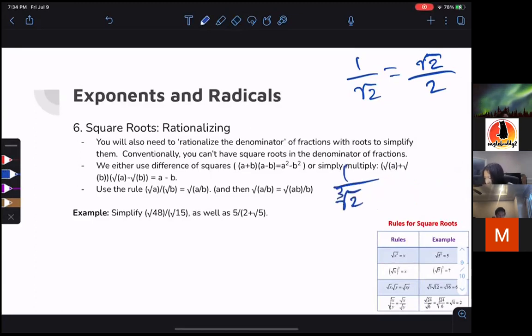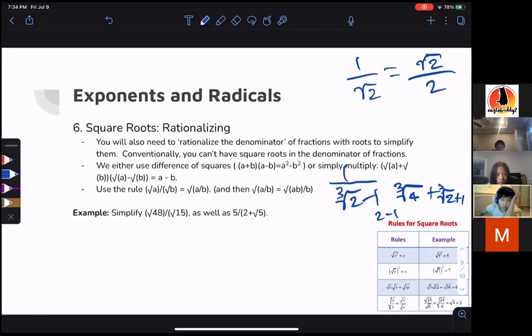All right. You can also, if you have something like, let's say 1 over the cube root of 2 minus 1, this is a bit harder to do. Instead of difference of squares, you'll have to use difference of cubes. In this case, the number you multiply would be the cube root of 2 squared, which is the cube root of 4, plus the cube root of 2 plus 1. So then this would be 2 minus 1, right?